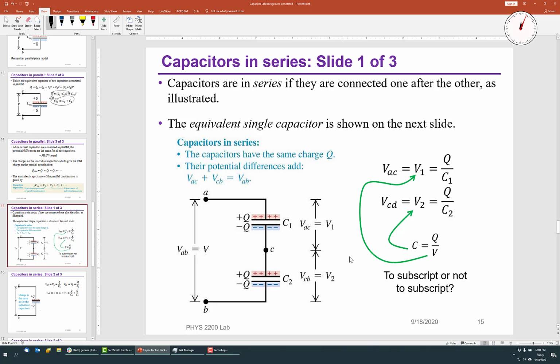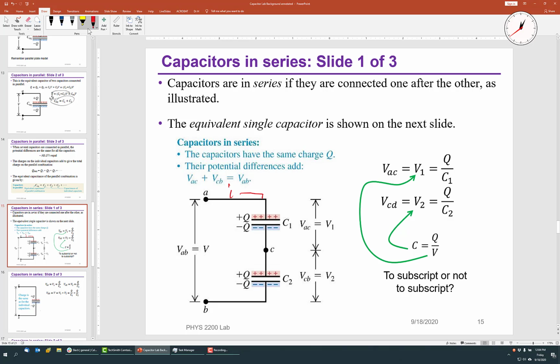So how do you do two capacitors in series? Well, in two capacitors in series, it turns out that they end up with the same Q. Whereas in parallel, remember, they each had their own Q. And the reason is because as the transient current flows, eventually they fill up, right?